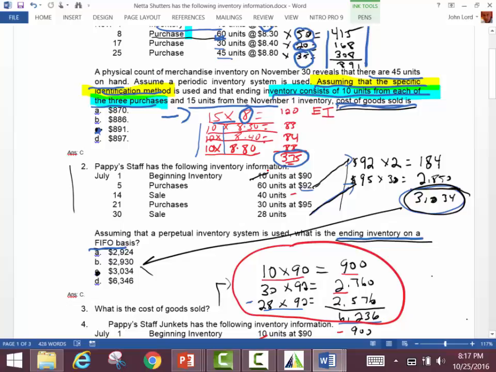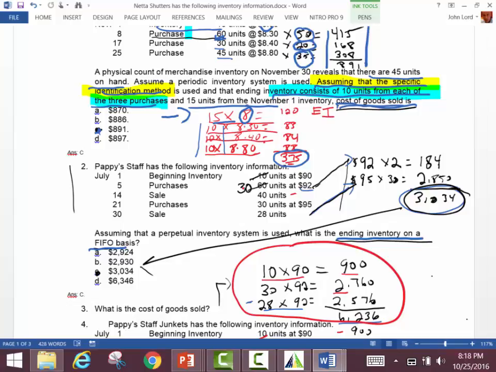Okay, well, for the rest of the audience, I'll go ahead and show them what we're doing here. So we got rid of the 10, didn't we? Okay, so that's sold, and now we need 30 more to make it up to 40, don't we? So we sell 30 of those, and so we're left with 30. That's where that 30 came from.